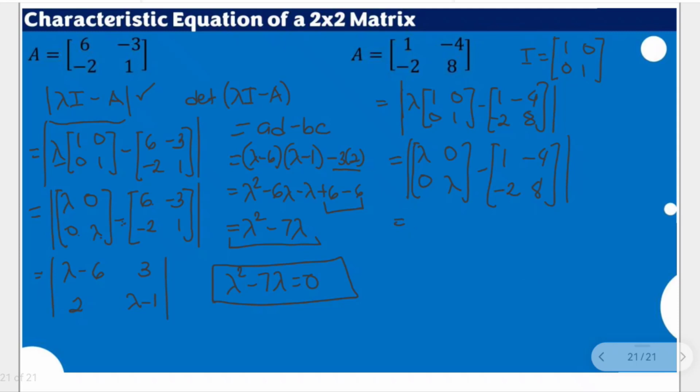Combining them, you have lambda minus 1. Then 0 minus negative 4, so positive 4. 0 minus negative 2 is positive 2. Then lambda minus 8. This is now your expression.